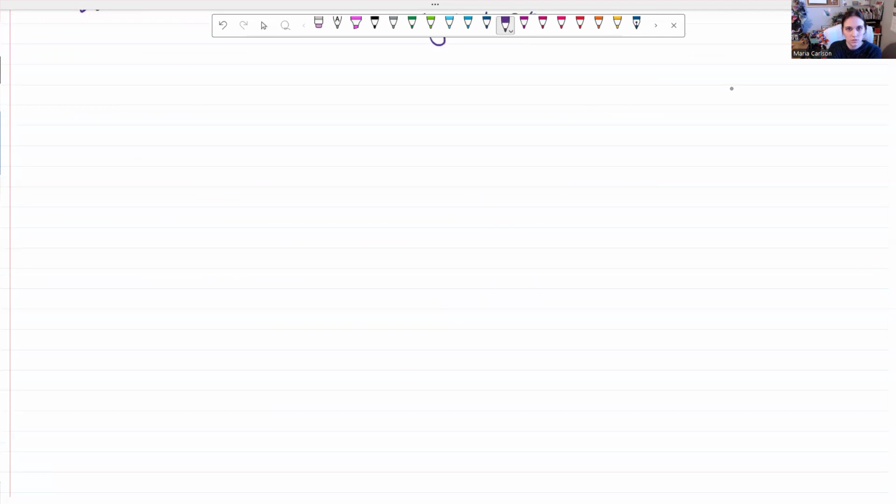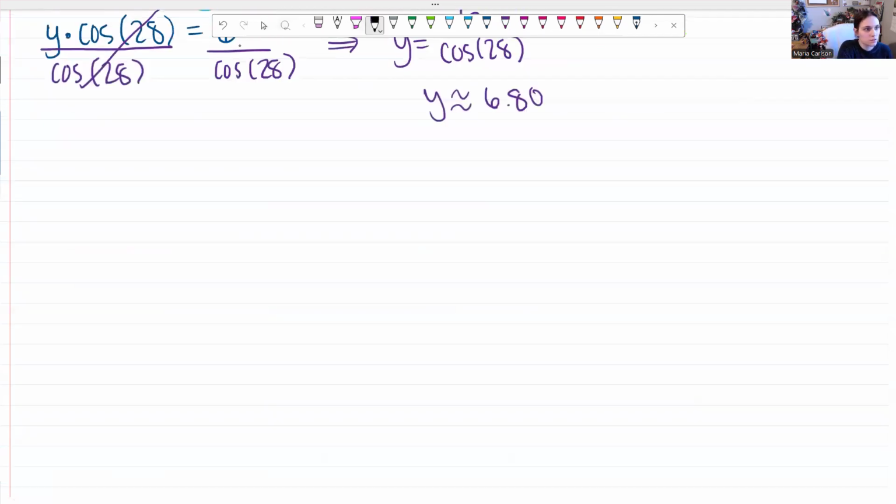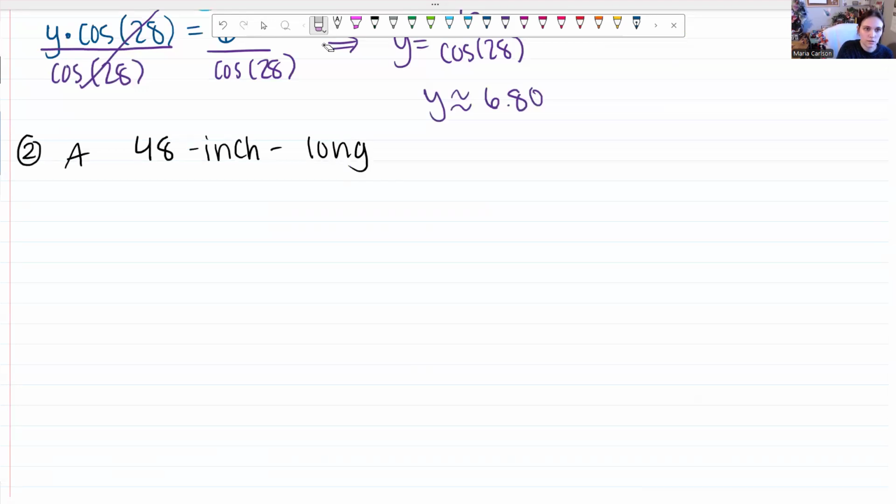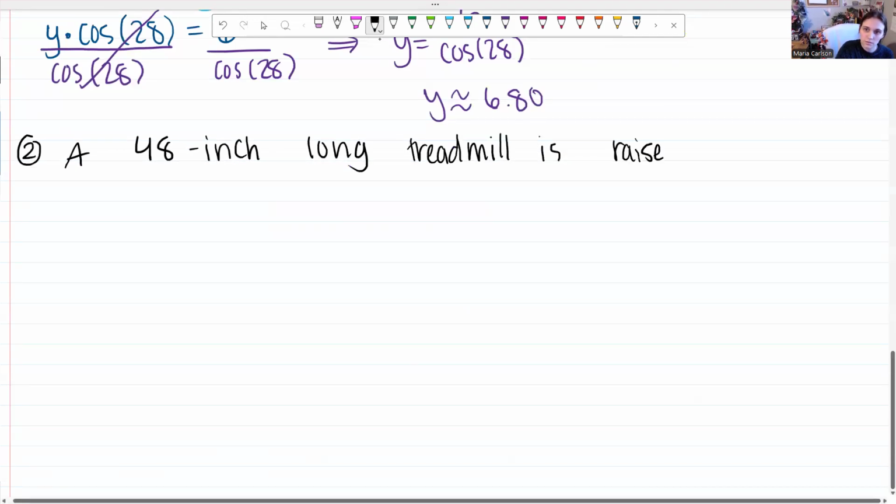All right, number 2. A 48-inch long treadmill is raised at a 10-degree angle of elevation.